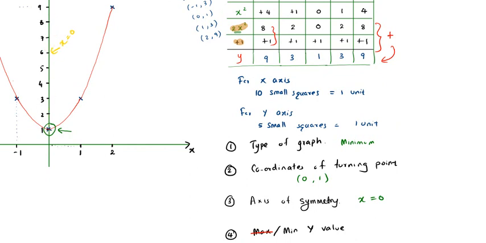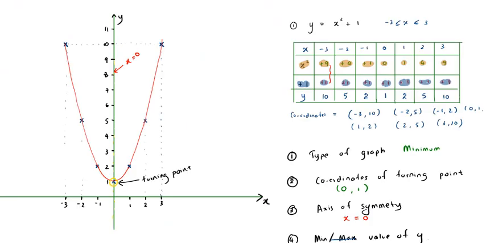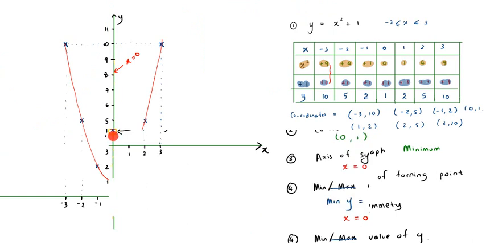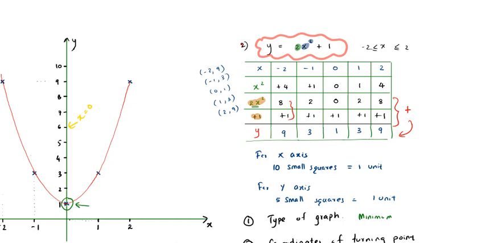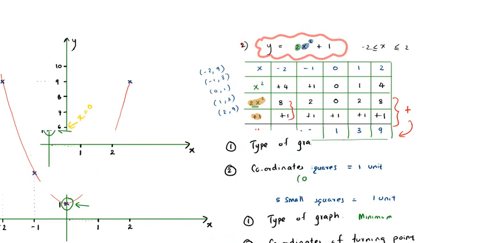Have you noticed that in all the graphs you are making your turn on the y-axis, right? So the x coordinate of the turning point is 0 in all these graphs, right?